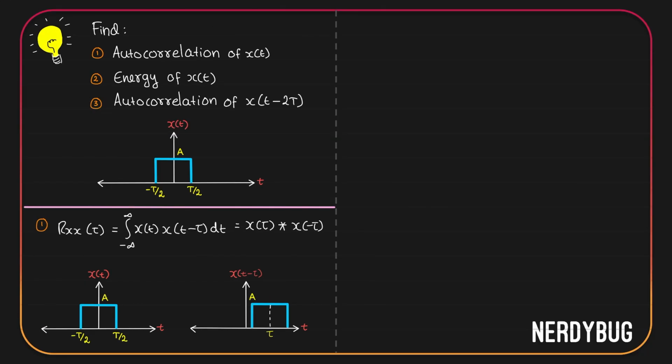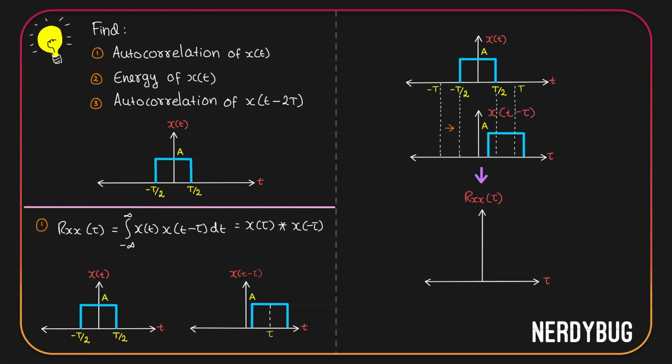Now all we have to do is slide this one from one end to the other of this one, keep multiplying, and then integrate. Let us use these graphs for that. Now, according to the equation, we have to integrate from minus infinity to infinity. But if the second signal is shifted anything more than t, that is over here, then they are not overlapping anymore and we will only get 0.